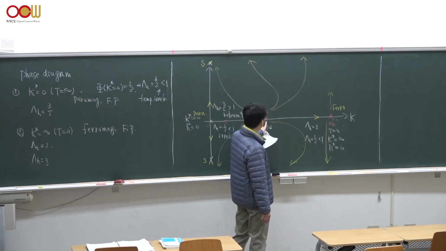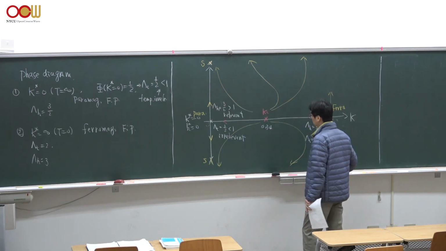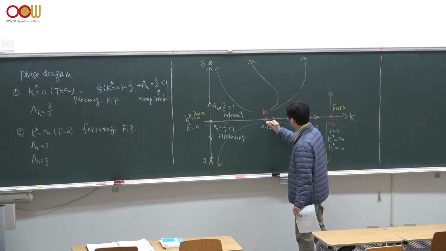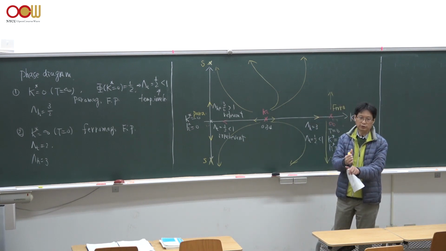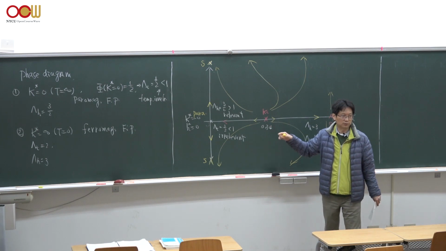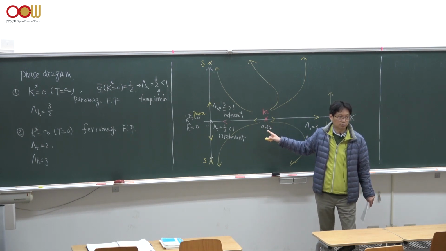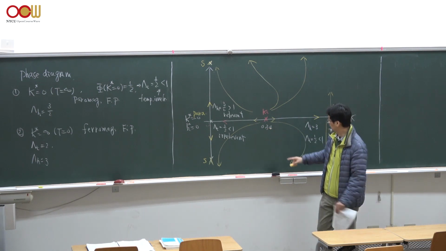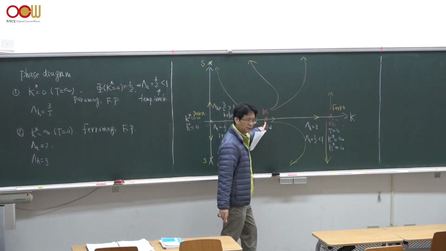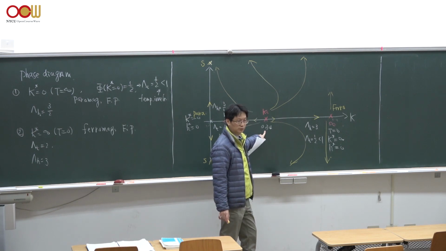But near this Kc, you get a relevant RG flow, in the sense that the RG flows are actually moving out of this fixed point value. So this is very unstable, and therefore this is a critical point of the two-dimensional Ising model on triangular lattice, which is at a finite temperature with the critical value Kc being 0.34.